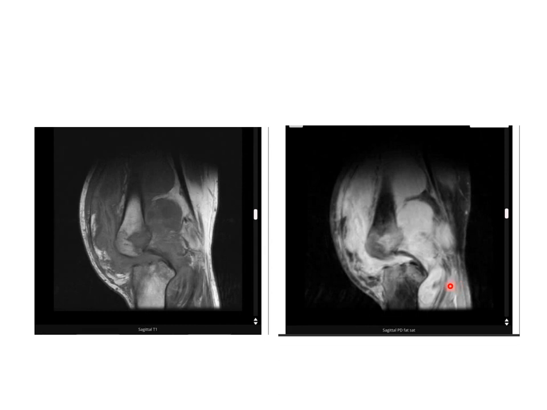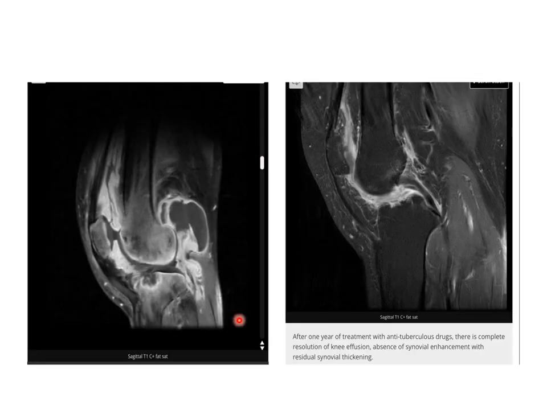Also, there is effusion with bone erosion and synovial enhancement. This is all about one patient, and this is the synovial enhancement, and this is after 1 year of anti-TB treatment. Only the synovial thickening remains. There is disappearance of the effusion.